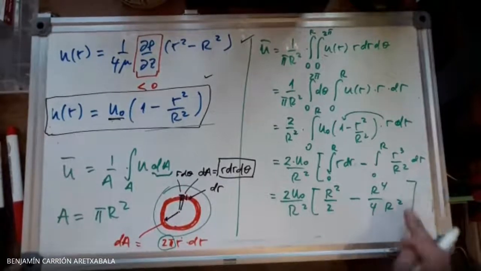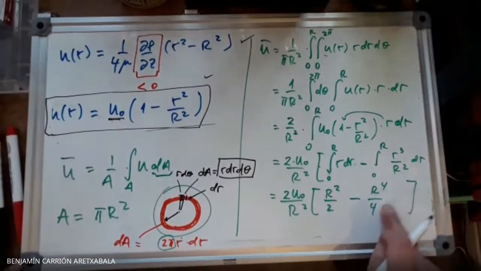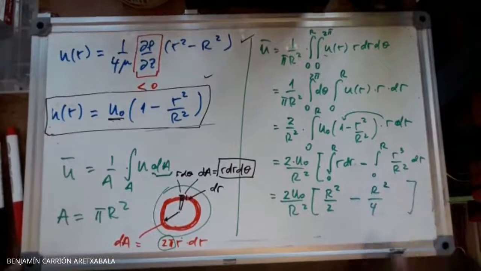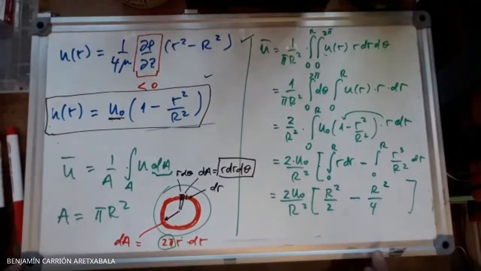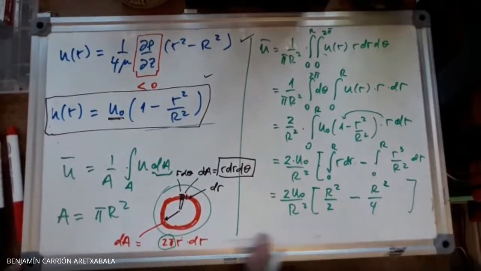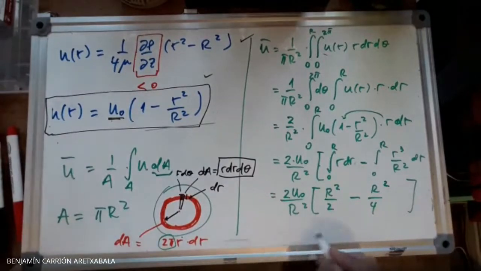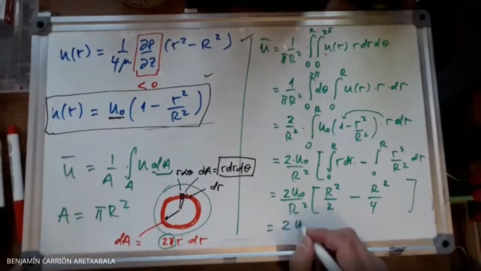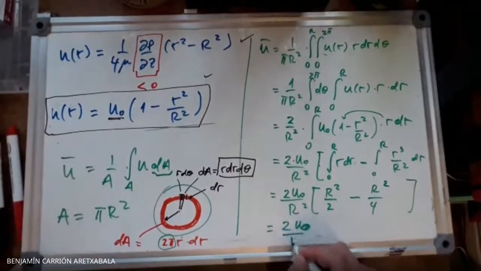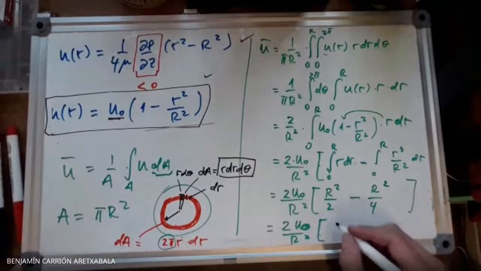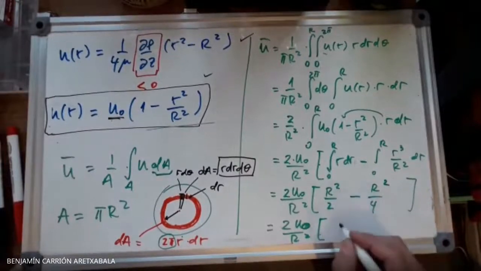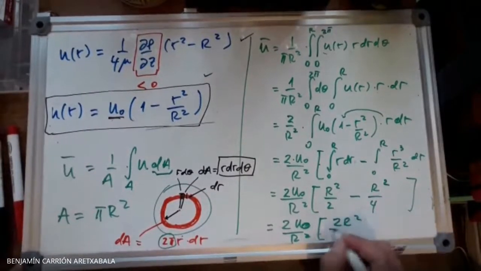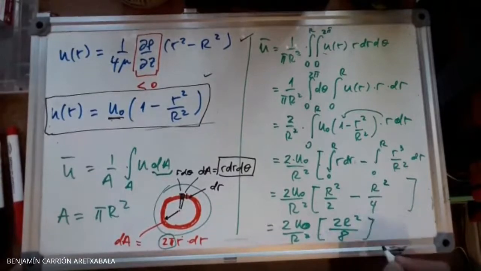So I'm gonna do this again. This is 2u0 r square. You can see here that here is 4 squared minus 2, so it's 2r squared divided by 8.